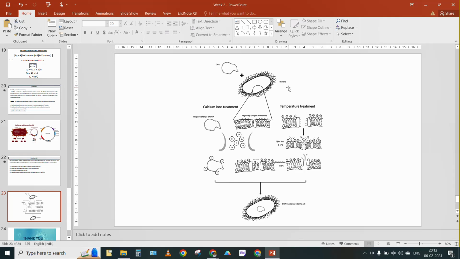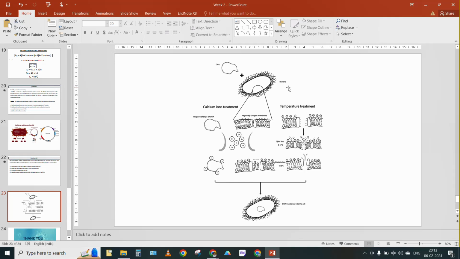Secondly, calcium chloride is involved in the formation of small pores or transient disruptions in the bacterial cell membrane. These disruptions enable the uptake of the plasmid during the heat shock phase. Here calcium chloride acts as a carrier, where a brief exposure of the cell to elevated temperature enhances membrane fluidity and permeability.